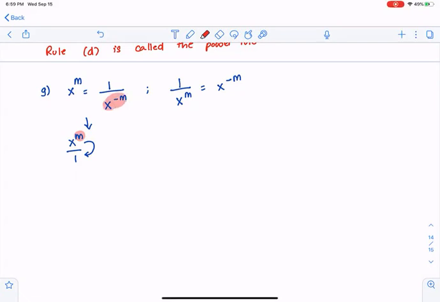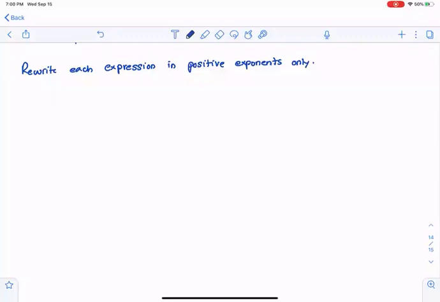In a similar manner, if we move from the denominator to the numerator, the power will change sign. So we want to write each expression that is given to you in positive exponents only.